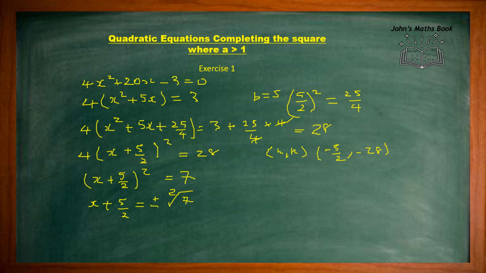So we now have two roots. So x is equal to minus 5 divided by 2 plus square root of 7, and x is equal to minus 5 divided by 2 minus the square root of 7.